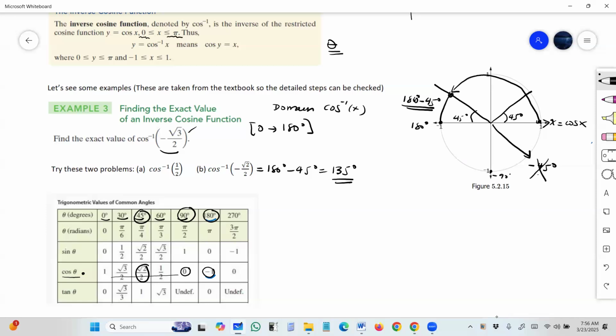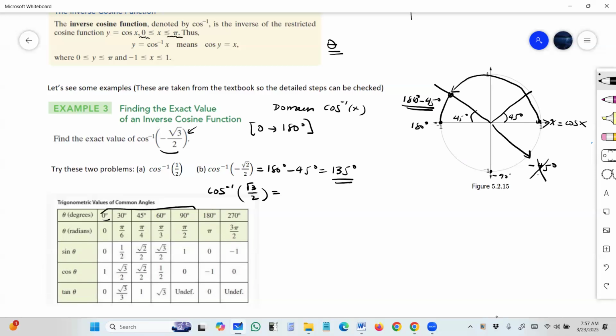All right, let's take a look at this one. Imagine first I'm giving you the question cosine inverse of radical 3 over 2. You would just go to the table, or eventually you will have the table memorized. Again, you only need to memorize these values here.